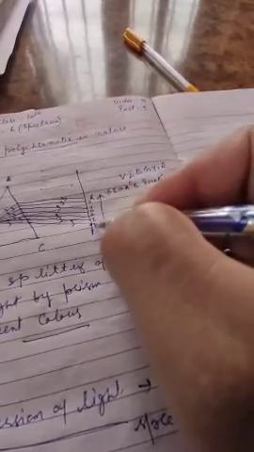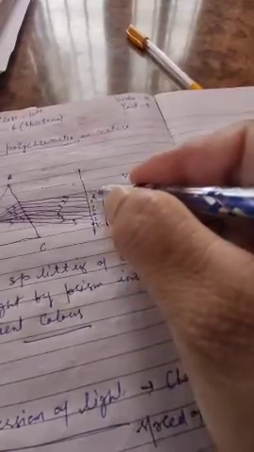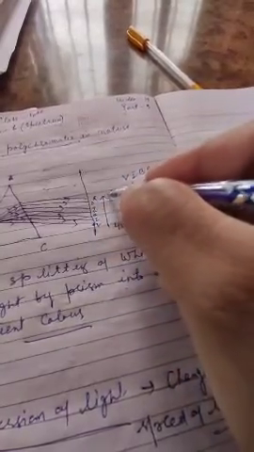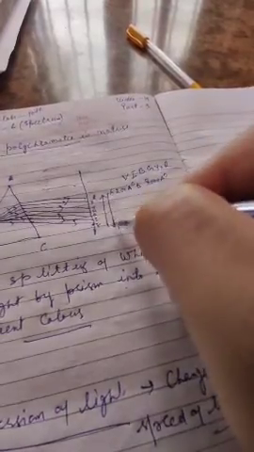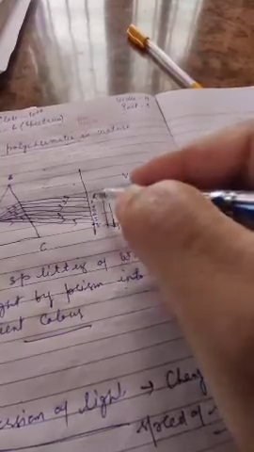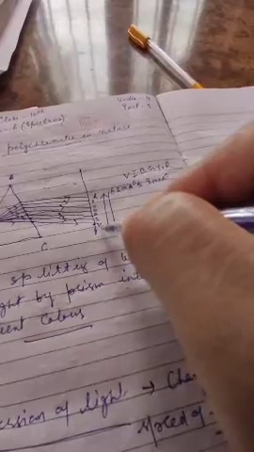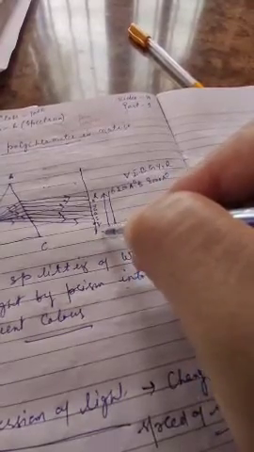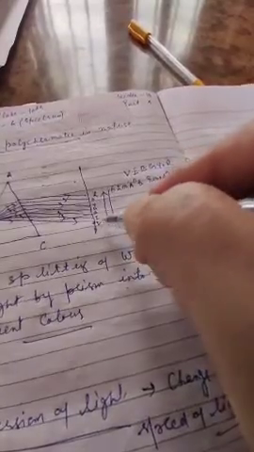When we move downward, the frequency increases. Red has a lower frequency and violet has the highest frequency.